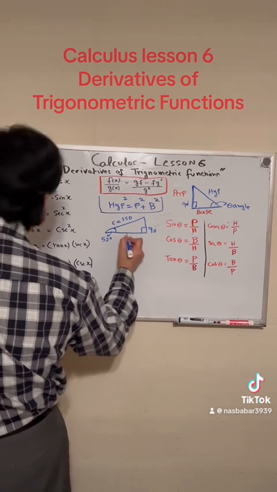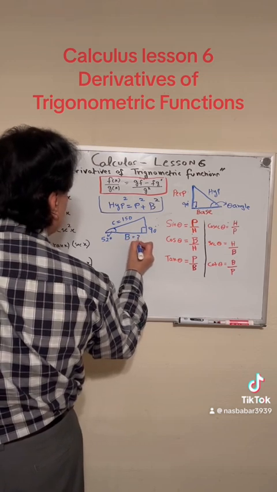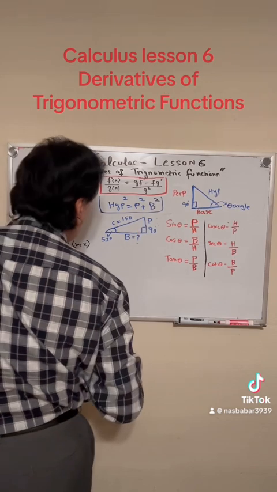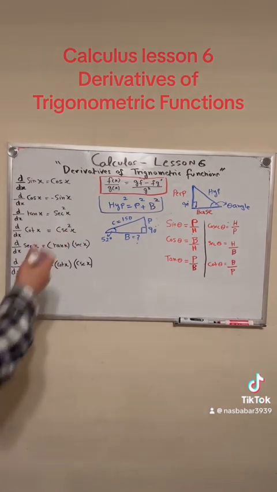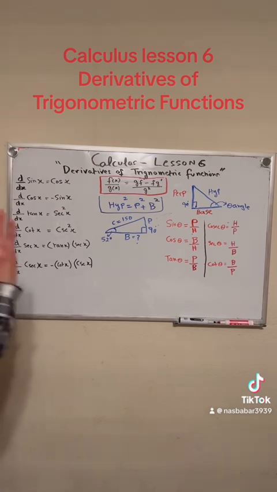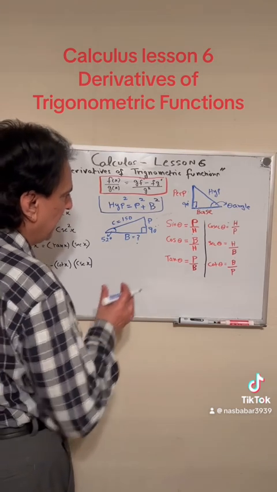And this is my base, and this is my perpendicular. They want us to find what the base is. So how would you do that? Pretty straightforward. Just look at these formulas and see which one has base in it.